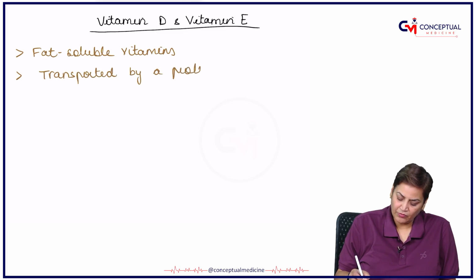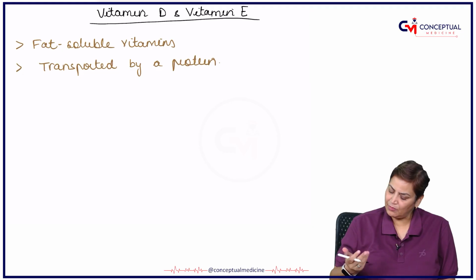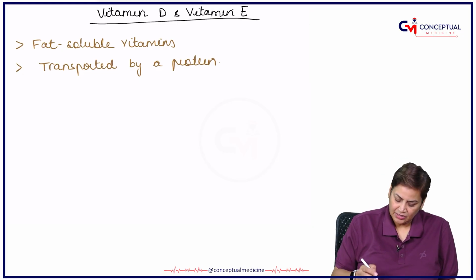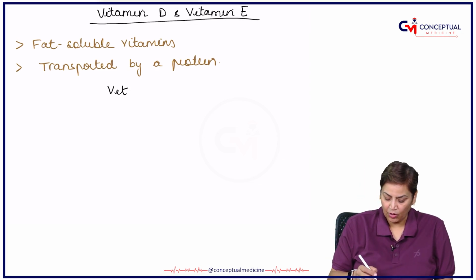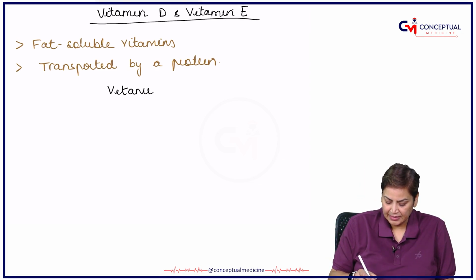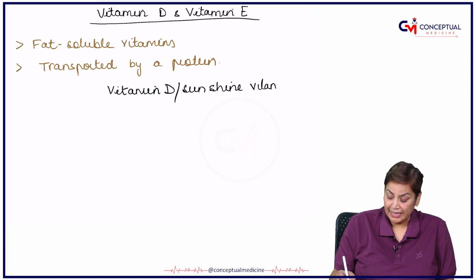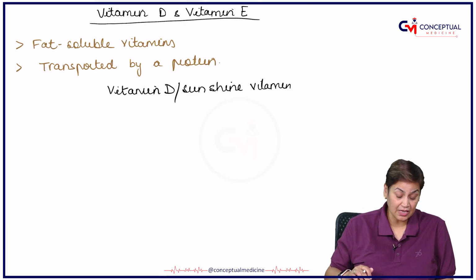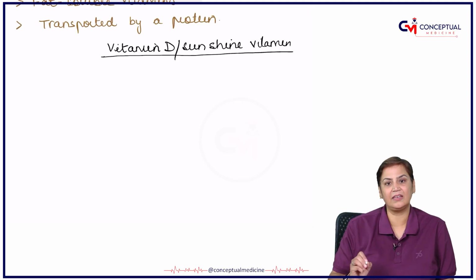Now, let's take vitamin D and vitamin E separately because their functions are separate. Vitamin D is also known as the sunshine vitamin. That means it has some relation with the sun, and it is actually synthesized in the sun.